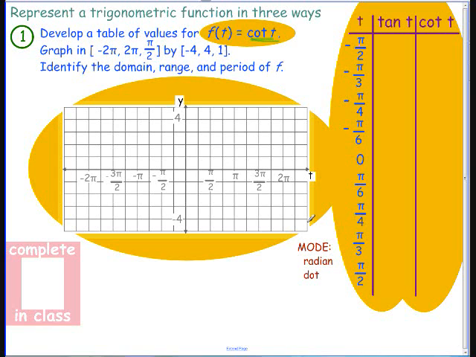And we're going to work in radians, and also in mode you want to go from connected to dot mode. Okay, so you can work on that in class. If you have any questions about it, I'll help you in class.